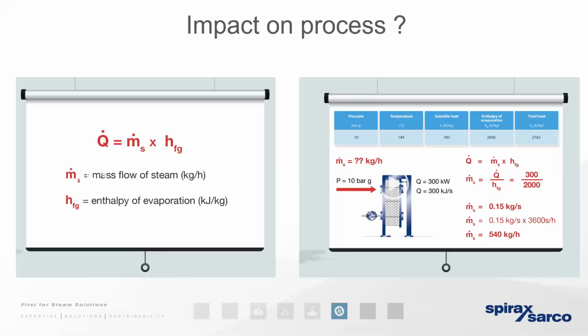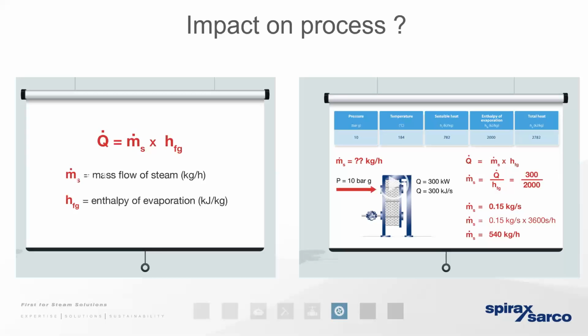So if we look over towards the right-hand side of the screen now, let's say we know the Q value. Let's say we've got that from the badge of the heat exchanger. And we need to determine how much steam is required to heat the process. Well, we can rearrange that thermodynamic equation as we discussed earlier.